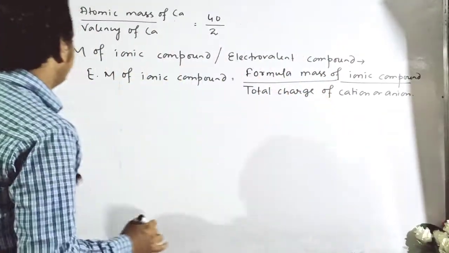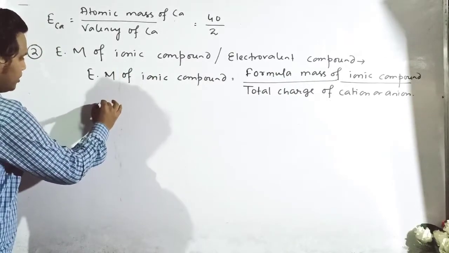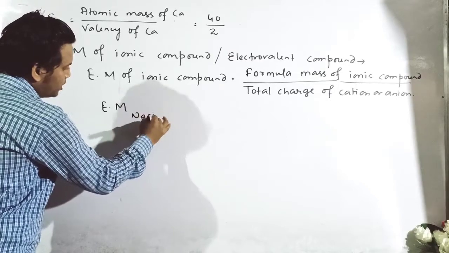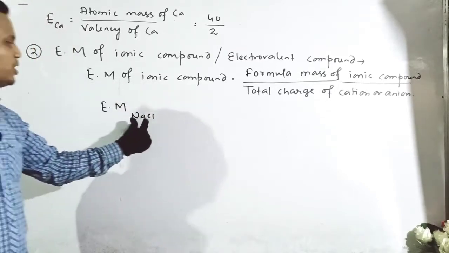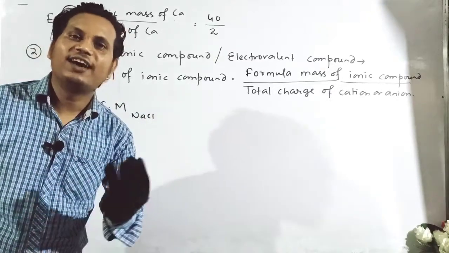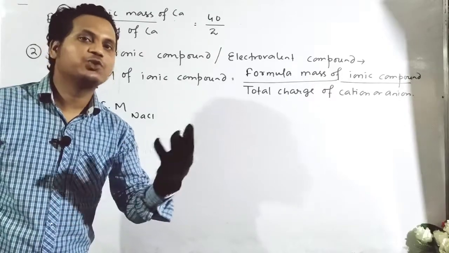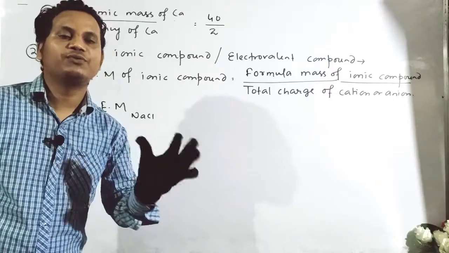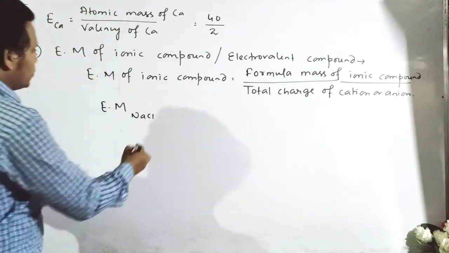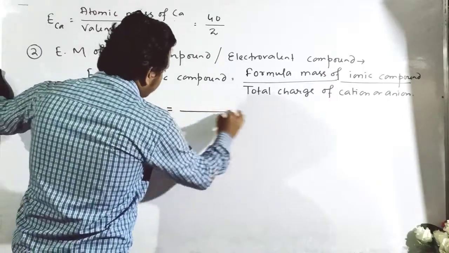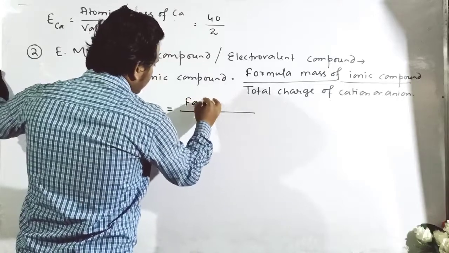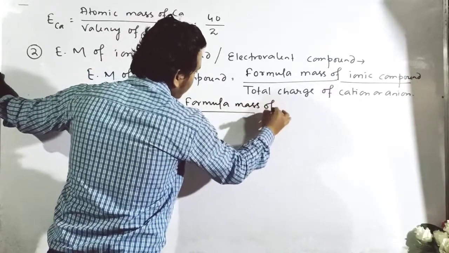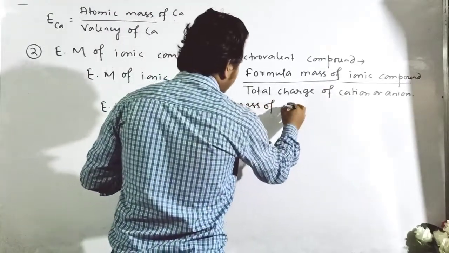For example, equivalent mass of sodium chloride. What is sodium chloride? It is an ionic compound, an electrovalent compound. It is formed by the transfer of electrons. So equivalent mass is equal to formula mass of the ionic compound, which one?